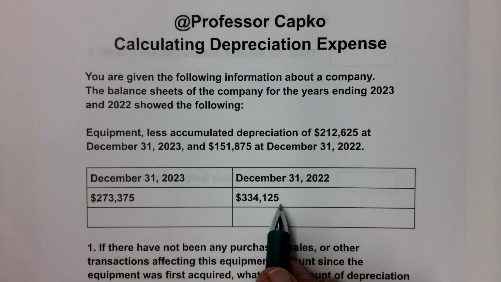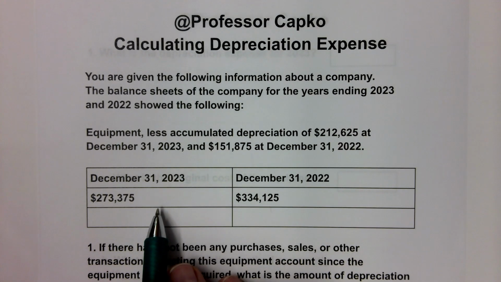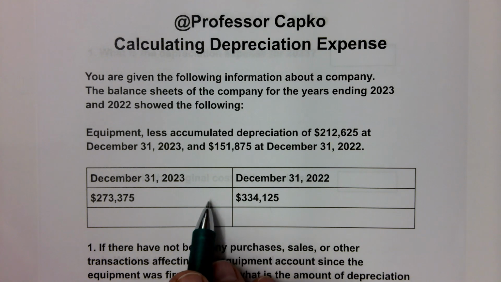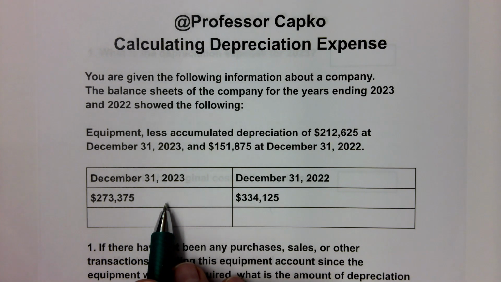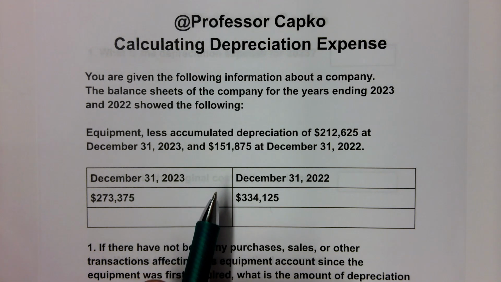That makes sense because the book value would likely be going down on the equipment as it proceeds from one year, 2022, through to the end of the next year, 2023, because of depreciation that is being expensed.